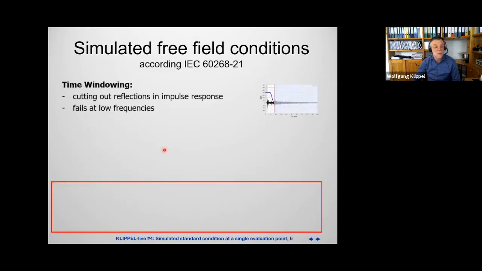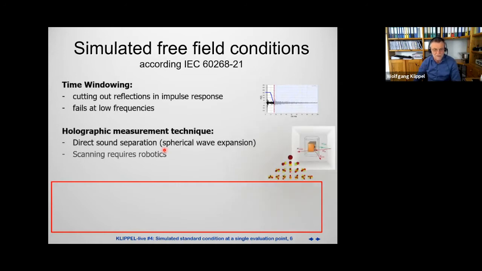Here are three different techniques. First is the time windowing. We have spoken about that. It's a powerful technique, but it fails at low frequencies. Then in the second session, we have spoken about the new holographic measurement. That's quite nice.